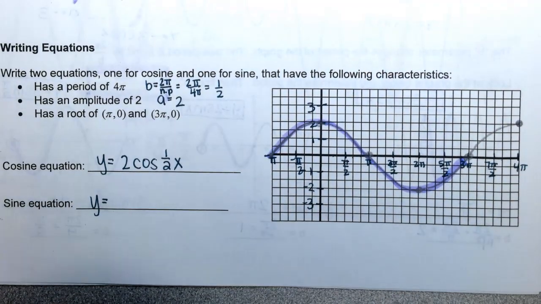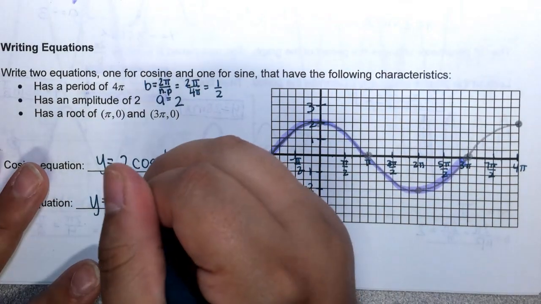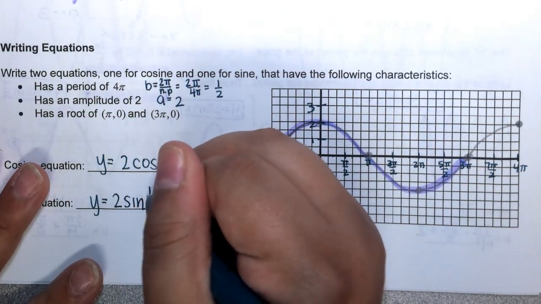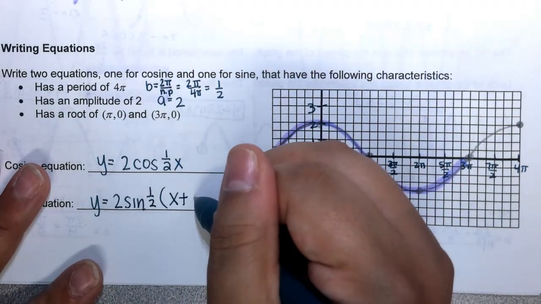Do y'all agree that is a sine function, what I just highlighted? Yes. Shifts which direction? Left. Shift left. So this is going to be 2 sine of 1/2 x plus pi.